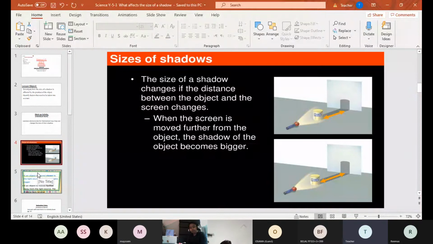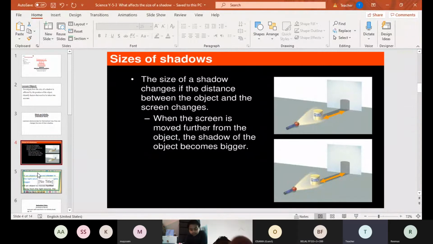The second is you should be away from the screen or near to the screen, or to the wall, sorry. I use the word screen, but actually you are doing this experiment on a wall. So the distance between the wall and the object and the distance between the light source and the object are the two factors, right?